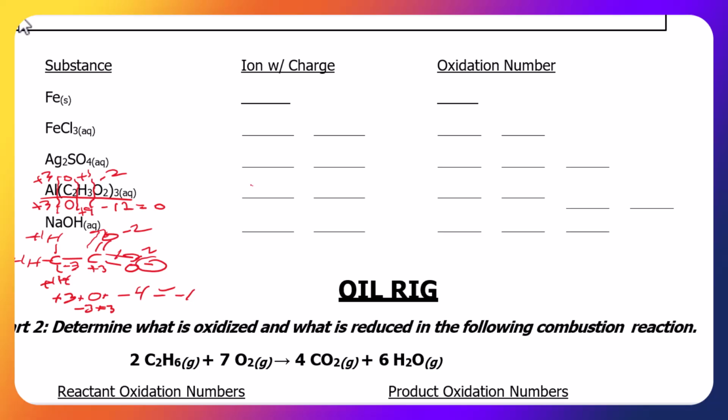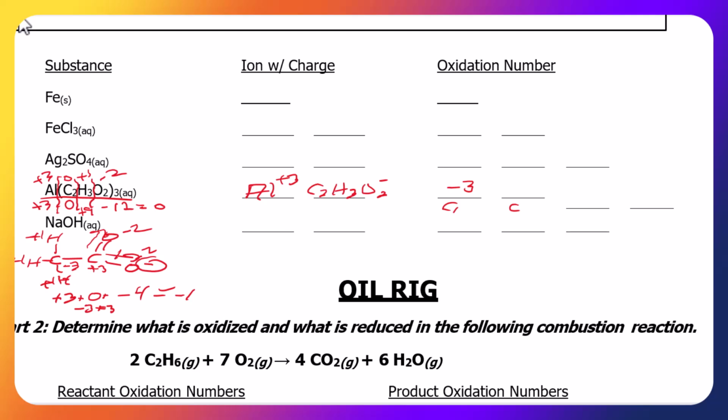So let's go ahead and finish it out. For aluminum, that would be +3. And for acetate, C2H3O2, that would be a -1. That's the ion with its charge. And then the oxidation number, if I call this carbon 1, we would say it's -3. It's completely reduced because it's hooked up to 3 low electronegativity hydrogens.